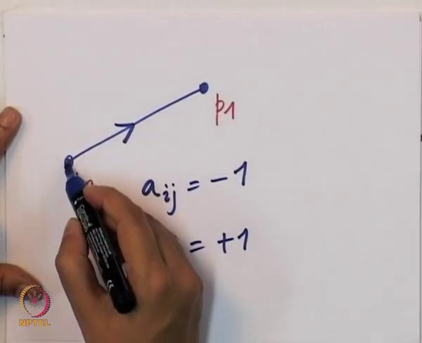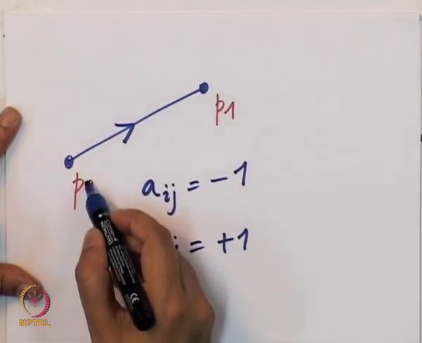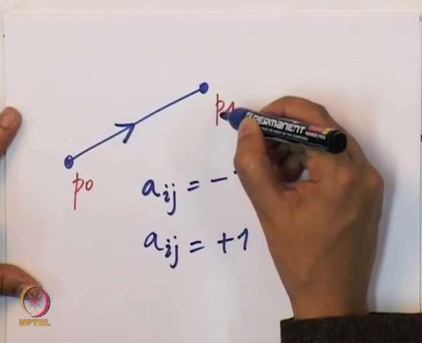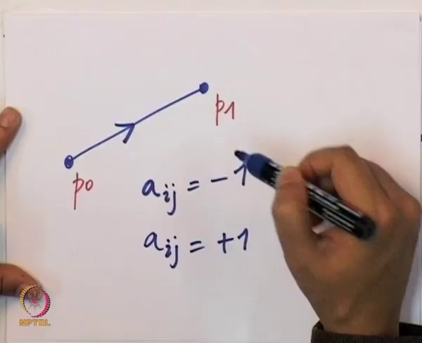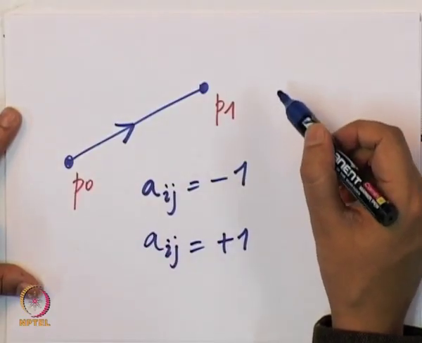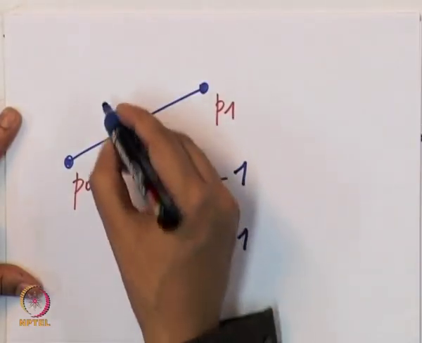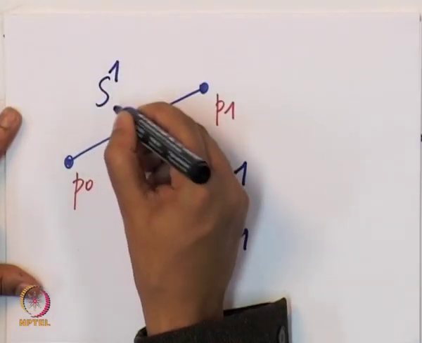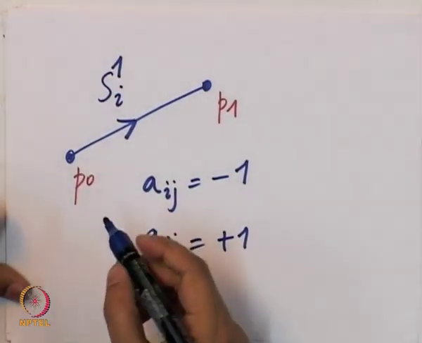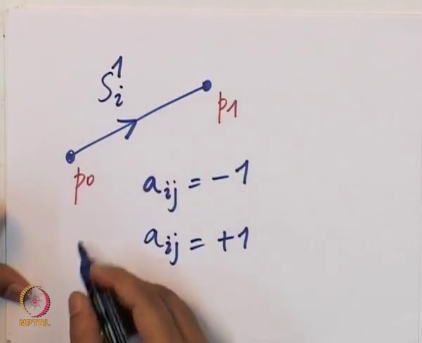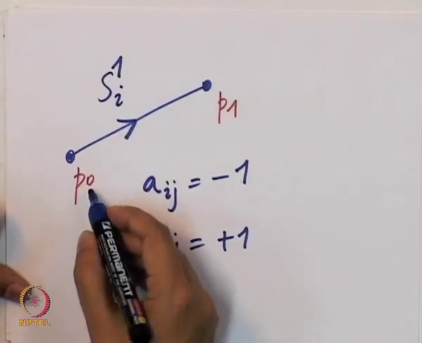So the node from which the arrow points out will be -1, and the node where the arrow points to will be +1. So this is the way we define +1 and -1 for a simplex S1 of i. Here i is the element number, and j is the points. So j is 1, j is 2 here.